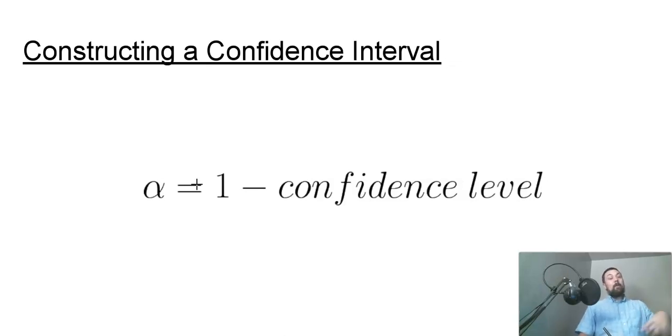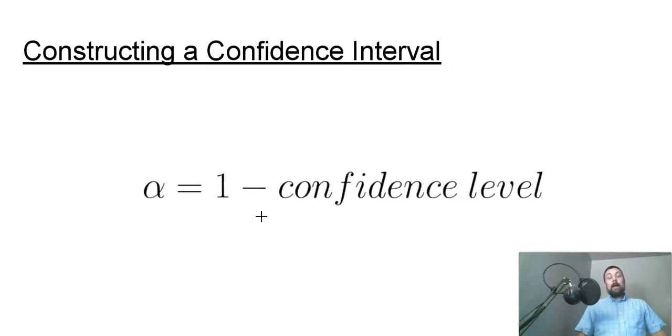If you wanted to be 100% confident, alpha would be 0. Putting 0 in the tails means that the z-score would be infinite. So your margin of error would be infinite, and so you'd have negative infinity to positive infinity for your estimate. The math would force that to be your estimate. I thought it might just be from 0 to 1, but it actually would come out as negative infinity to positive infinity, which would be useless.